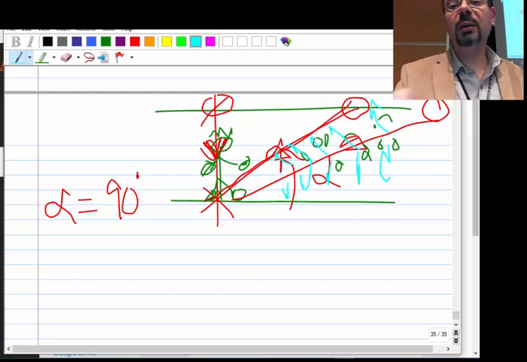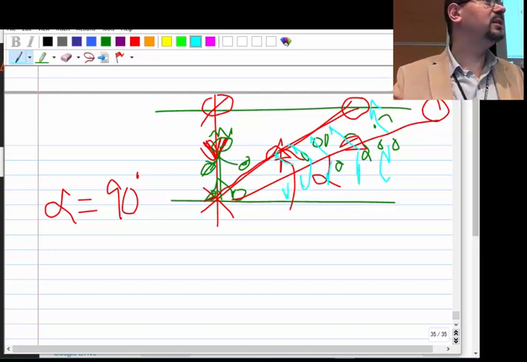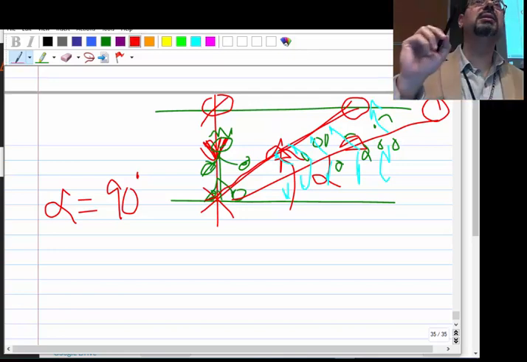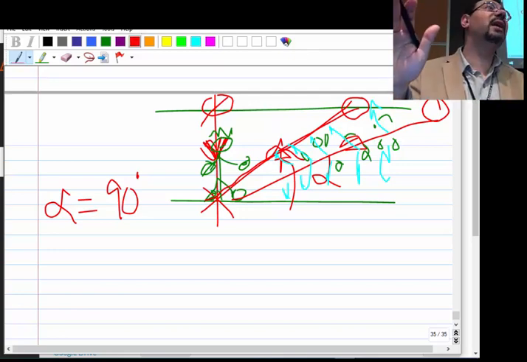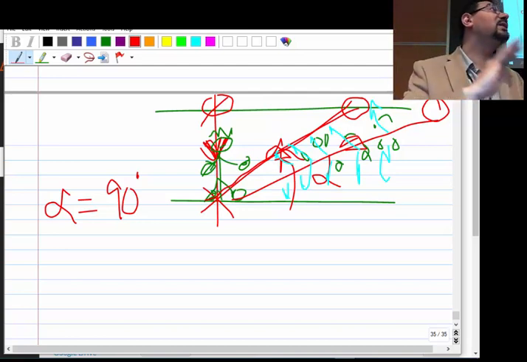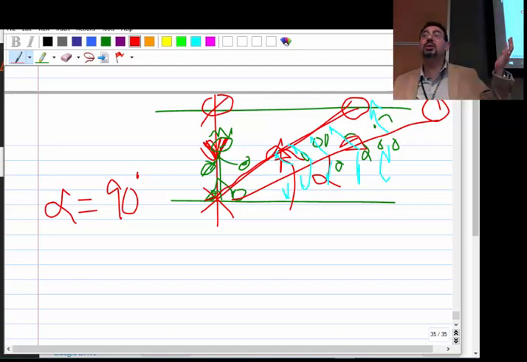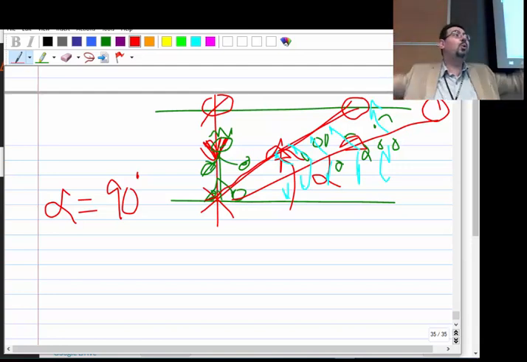And that's why at sunrise and sunset the sun looks orange or reddish. Why? Because that is the one that remains. All the other wavelengths get scattered. So the blue is the easiest one to get scattered, and that's why every time we look at the sky we see that blue dome.